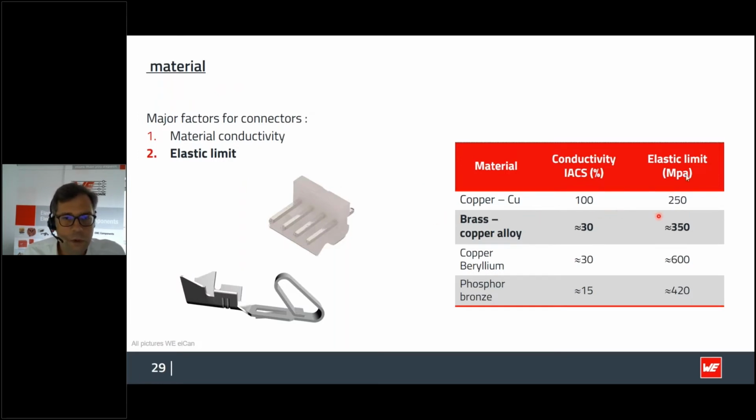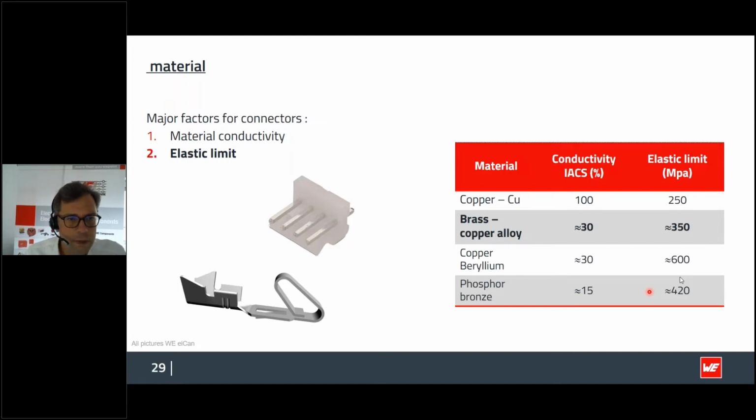If you compare the elastic limit, you can see that copper alloys and also phosphor bronze have much better values in comparison to pure copper. And that is exactly the explanation why we use copper alloys, bronze, and also copper beryllium instead of pure copper materials.